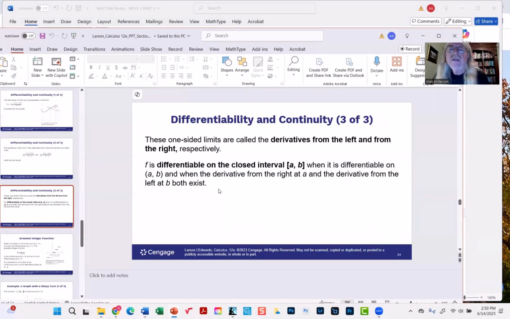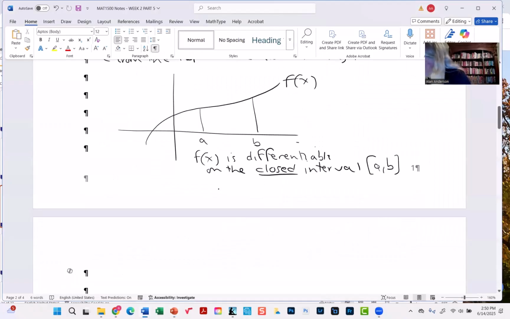First, it has to be differentiable over the open interval, and that means that we're not including either a or b.